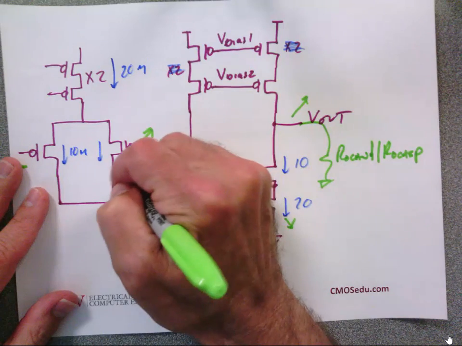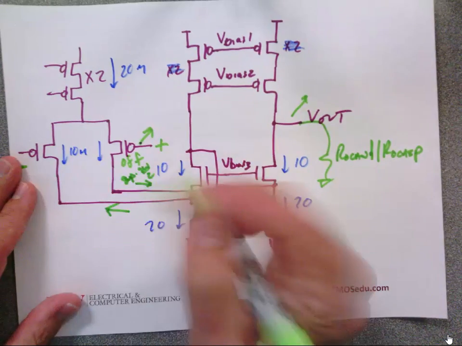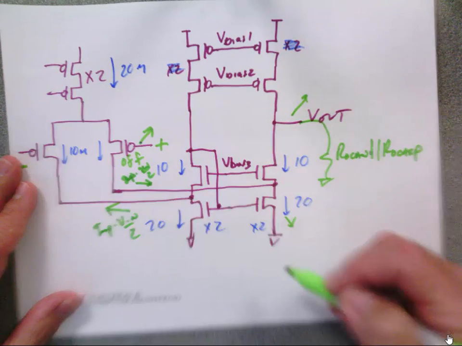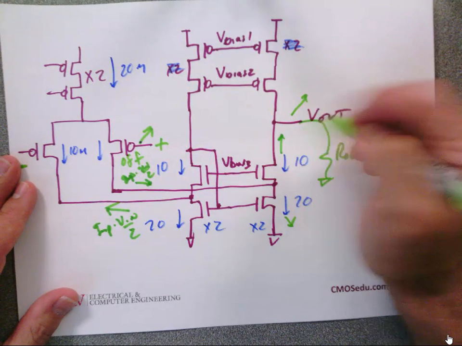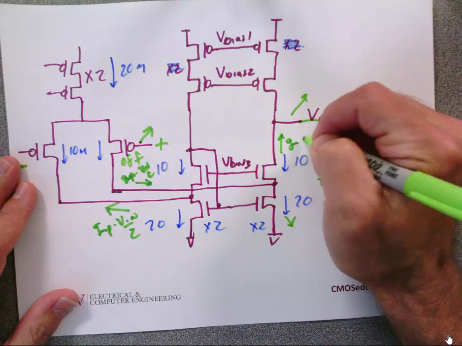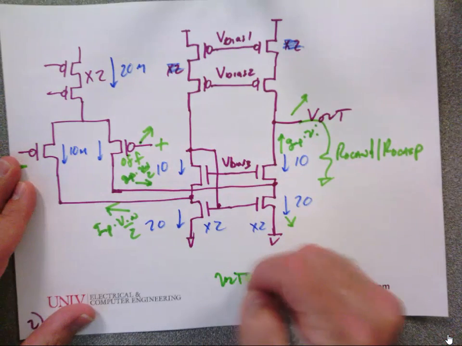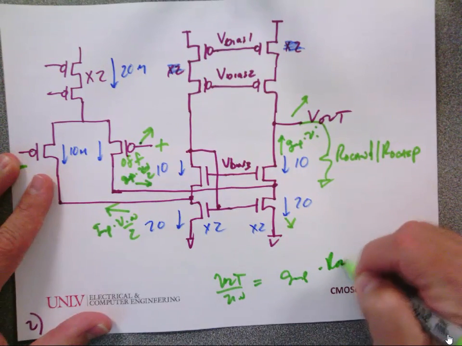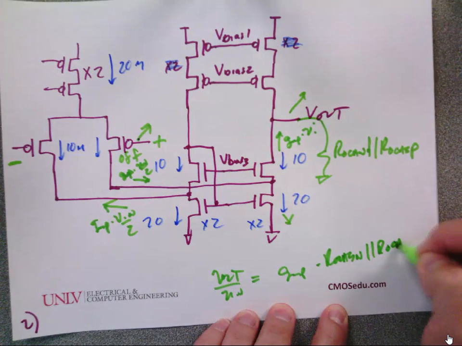I call it GMP times Vn over 2. And I have a current flowing in this direction, which is GMP times Vn over 2. The total current flowing into this node is then GMP times Vn. And so V out over Vn equals GMP times R out cascode N in parallel with R out cascode P.